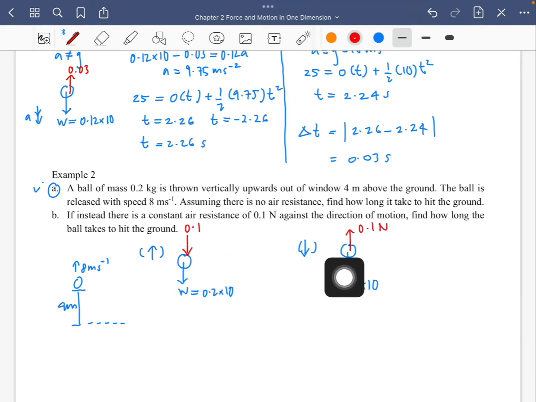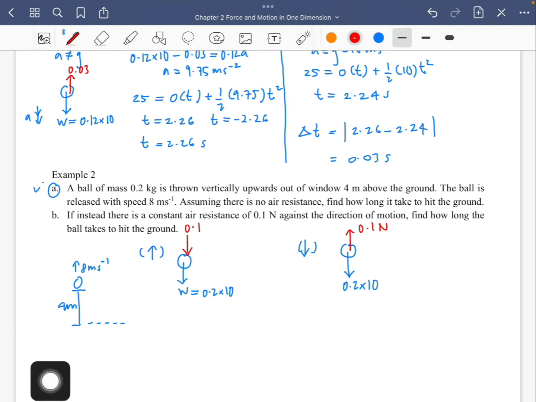As you can see, we need to divide going up and going down and solve them individually. So let's first solve the time taken from its initial point to the maximum point.